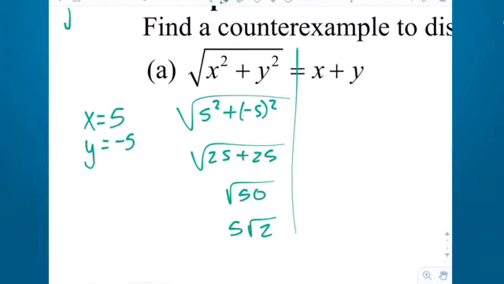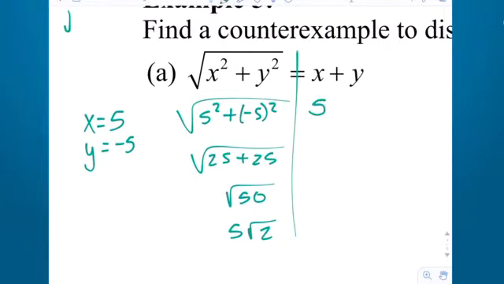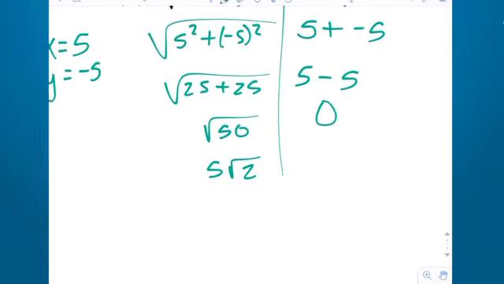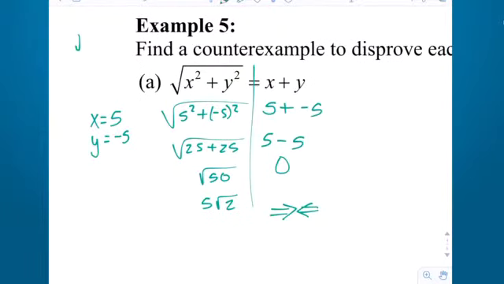Good. And on the other side, we plug in, we get 5 plus -5. That's 5 minus 5. That's 0. Does 0 equal 5 square root of 2? No. So, because it doesn't work every time, we say it doesn't work.